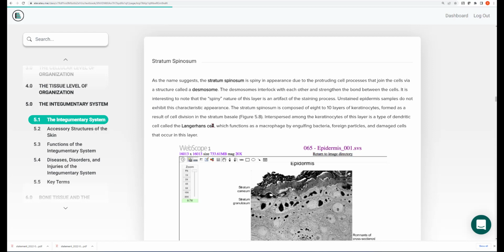If a bacterium or some foreign particle comes down into this layer, these Langerhans cells work with your immune system to fight off and destroy that bacteria or those foreign particles. These cells can also help to destroy or clean up damaged cells from some sort of trauma.